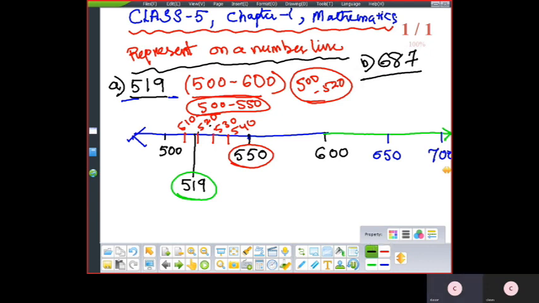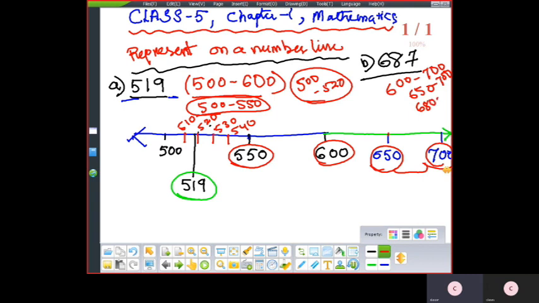So now, 687 lies in between 600 and 700. Yes. So this one and this one. So some more if you can cut down as 50s, as 650 to 700. Okay. So here and here. This is the gap. Now, again, if you cut down more nearest, it will come over to 680 to 690. So this is the more nearest, 680 to 690.